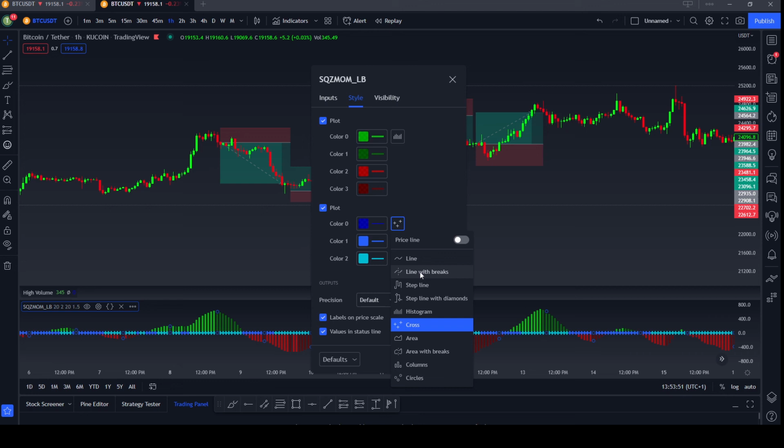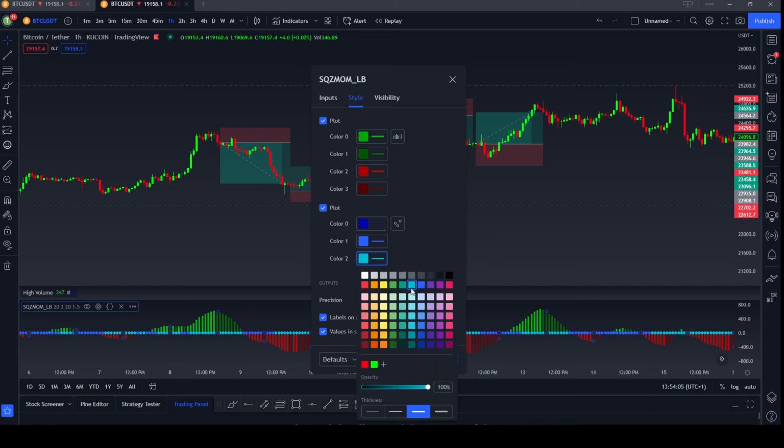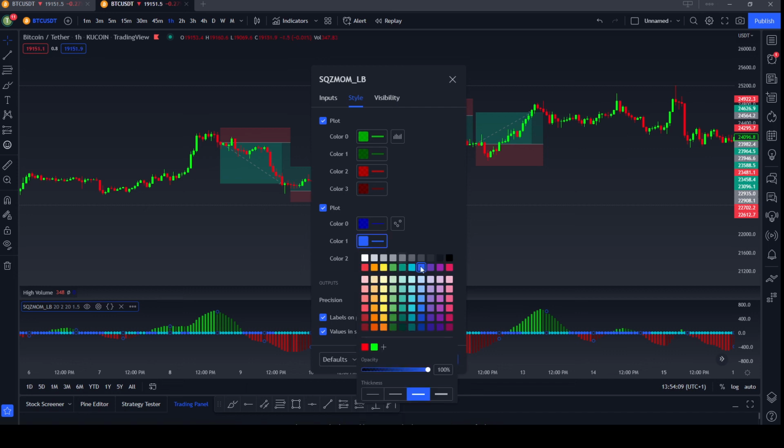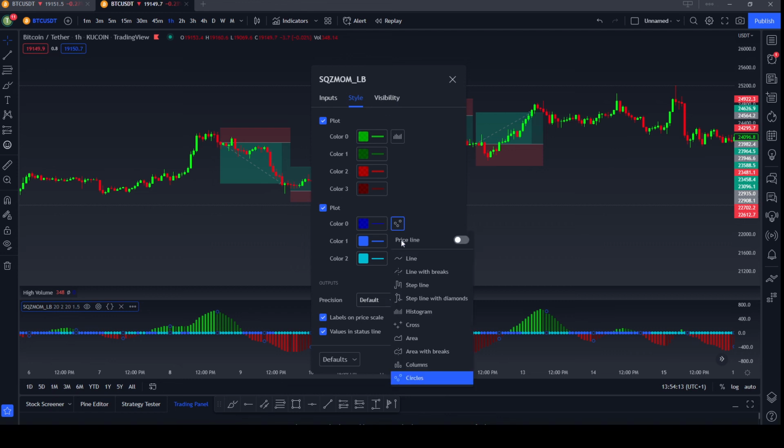But I think visibly it gives me more of a view on the stronger signals versus the weaker signals. So just bear in mind, yours might look a bit different when you first open it up. But if you want to copy me, these are the colours I've used. This blue here for the stronger signal, and this blue here for the weaker signal. And as I say, I'm using the circles, not the crosses.